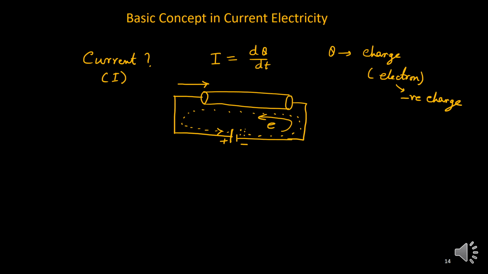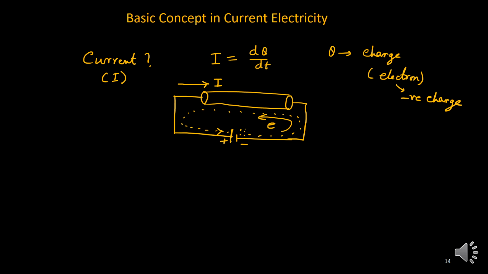This is the convention for the direction of current, capital I. The current is made of electrons, and the electron is a negative charge carrier, so the direction of current is taken as opposite to the flow of the electron. Because the electron is flowing from right to left, we consider the current to be flowing from left to right. This is the notion of the direction of current.